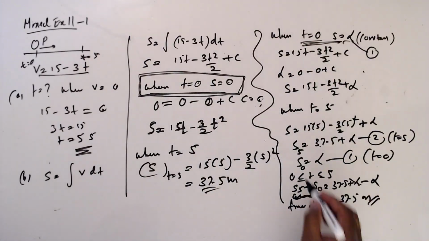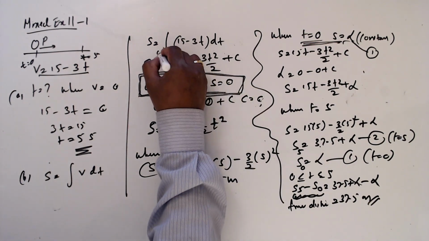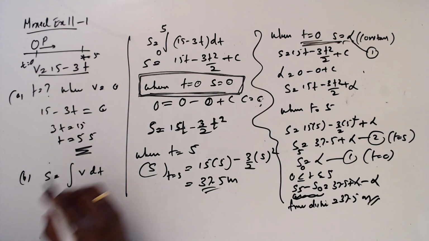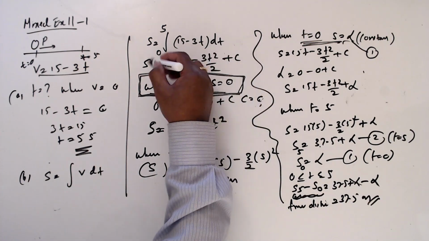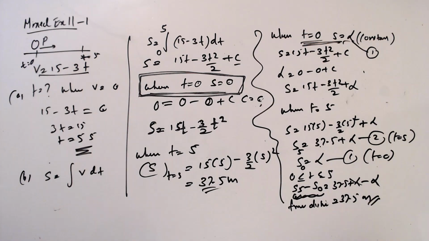Now we have a shorter way to do this. To avoid this hassle, we can simply use a definite integral from 0 to 5. Then there is no generation of a constant. We avoid the constant, just a simple difference when we integrate.